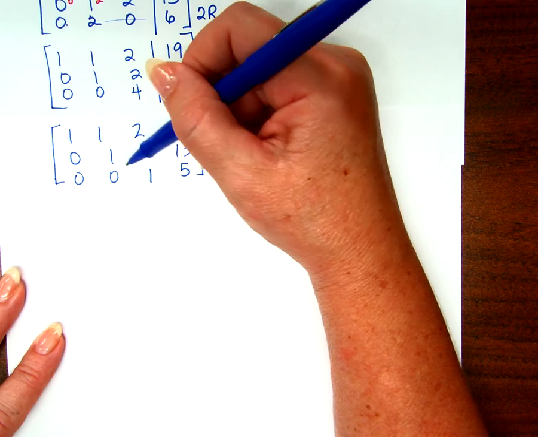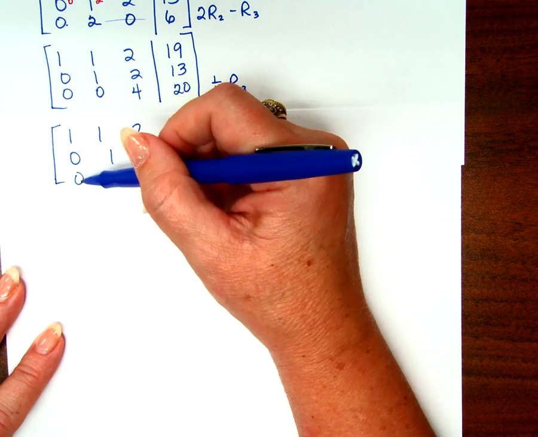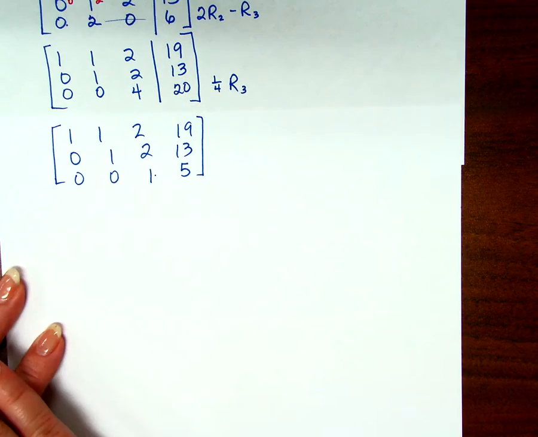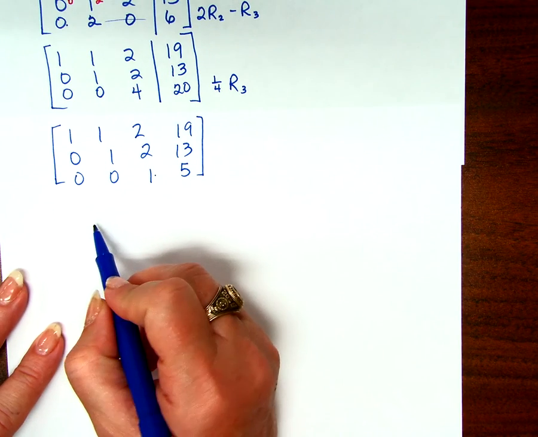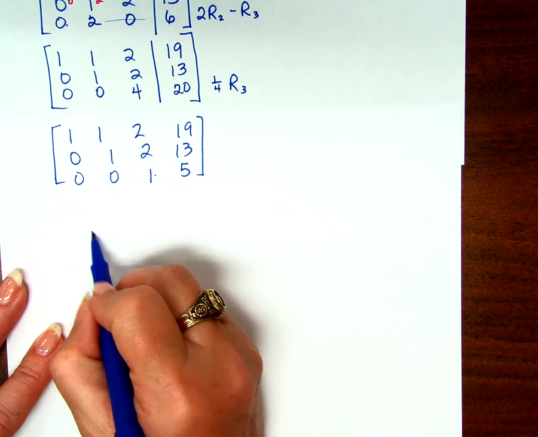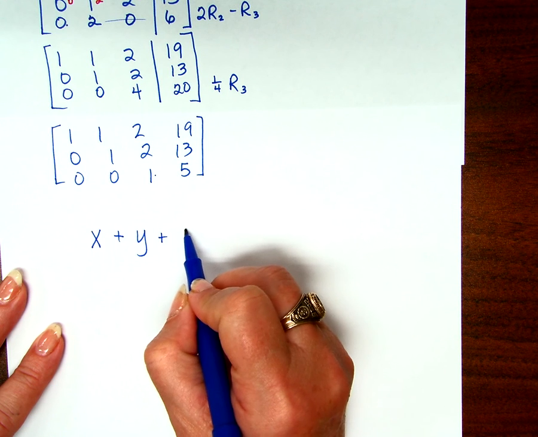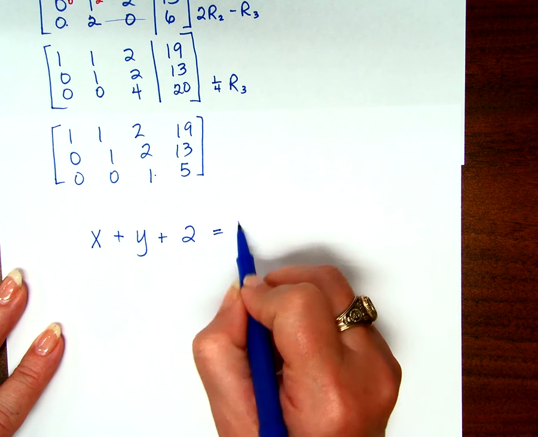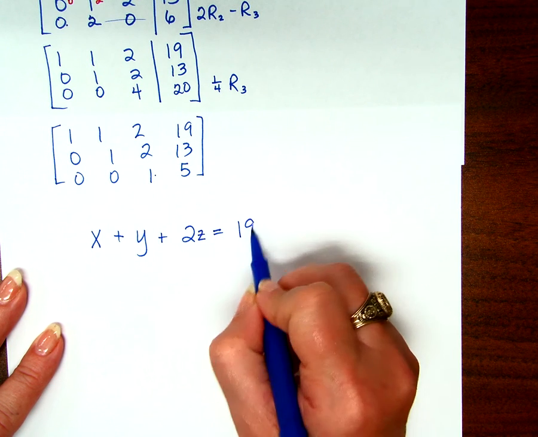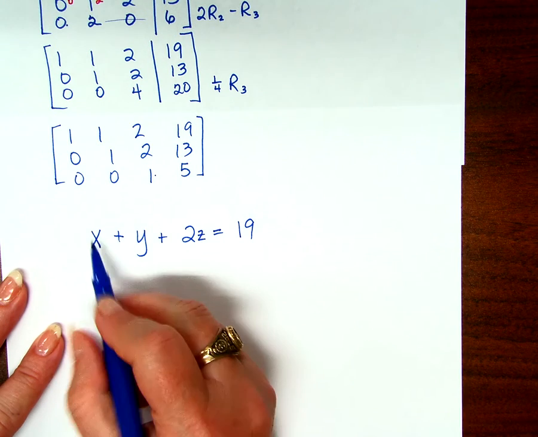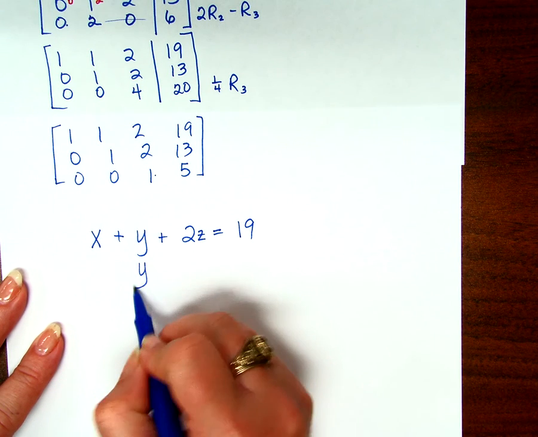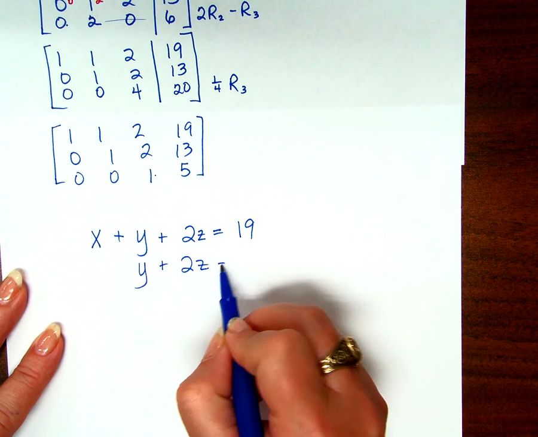Gaussian elimination, diagonal of 1s, these are 0s. Rewrite the system back into equation form. x plus y plus 2z equals 19. y plus 2z equals 13.